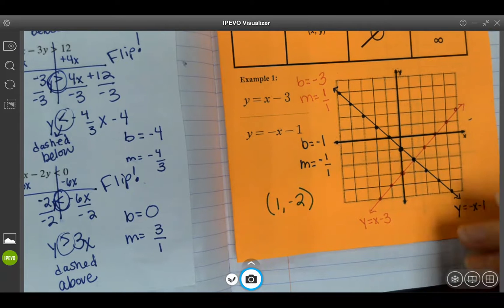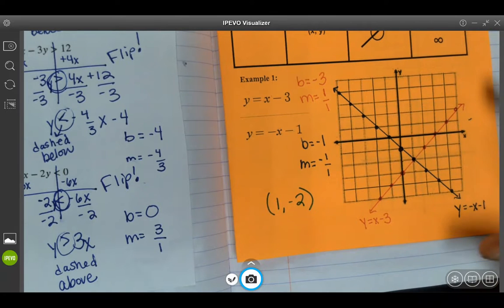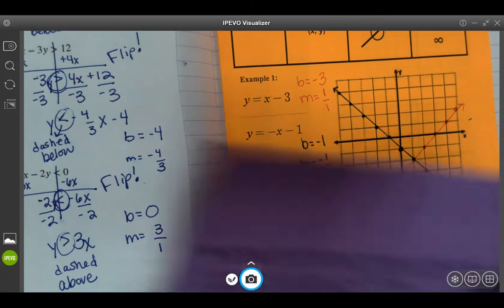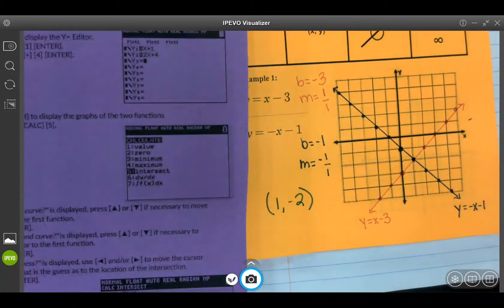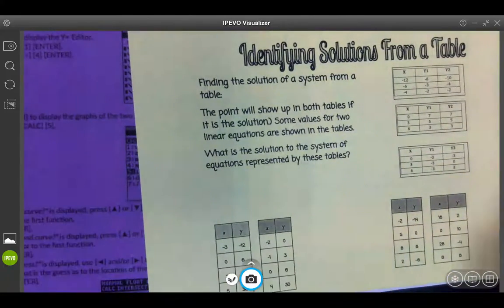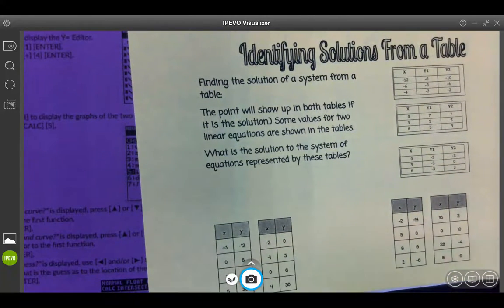So before we go to the next problem, I want to look at this one in the calculator so I can show y'all how we are using our notes from the purple page and the yellow page. Let's look at the yellow page first. Identifying solutions from a table says finding the solution of a system from a table.